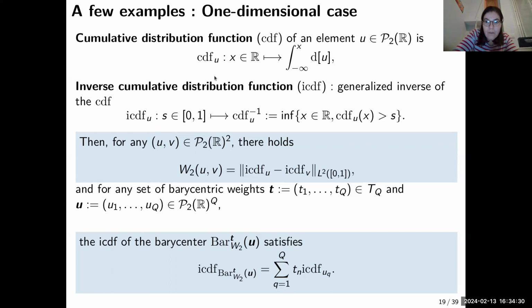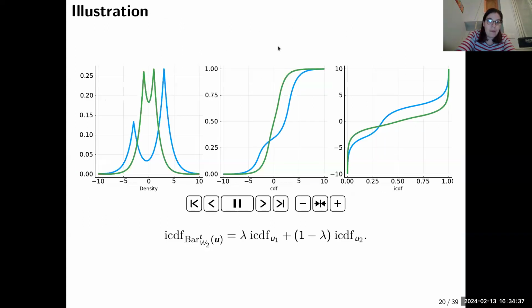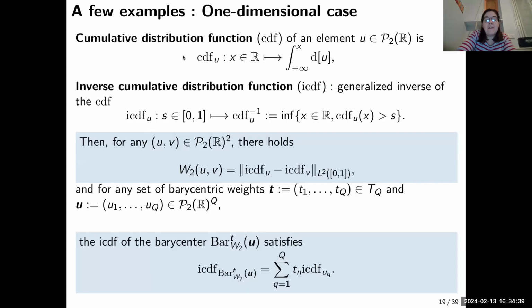More precisely, if U is a probability density belonging to the set P2 of R, I can define the cumulative distribution function CDF_U, which maps some x belonging to R to the integral between minus infinity and x of U. And I can consider the generalized inverse of this function, which is a function which maps the interval (0,1) onto R.